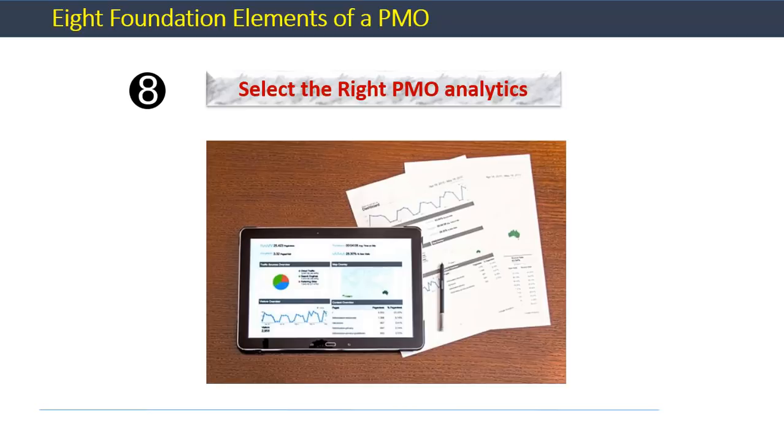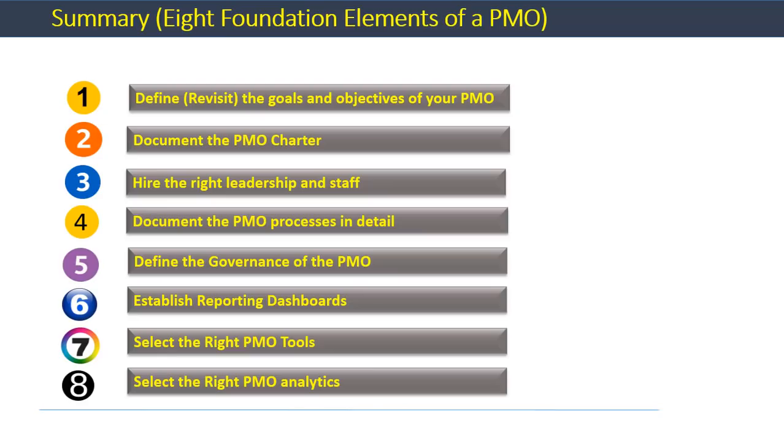In conclusion, let's review the 8 elements behind the starting of the PMO once again. They are: number 1, clarify the key goals and the type of the PMO. Number 2, document the PMO Charter. Number 3, hire the right leadership and staff. Number 4, document the PMO processes in detail.